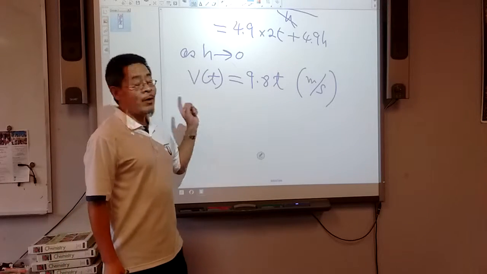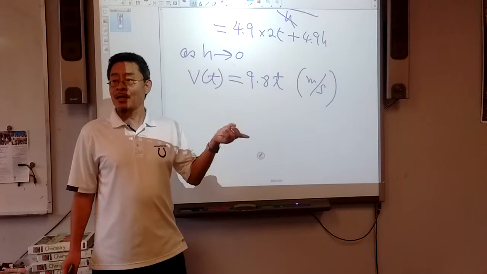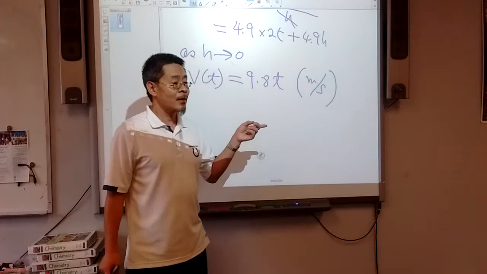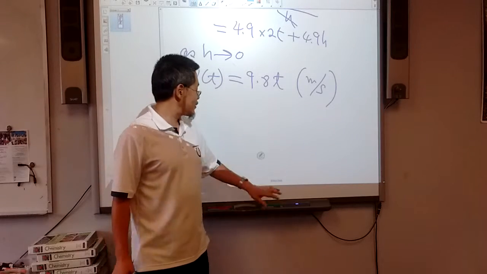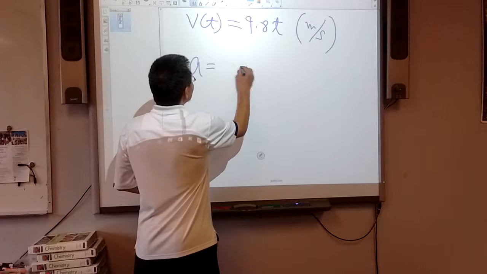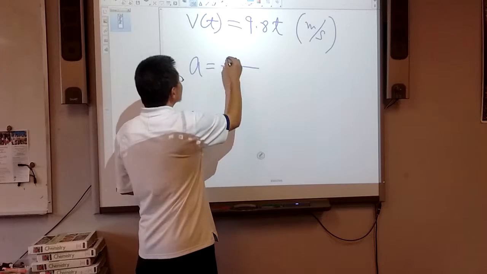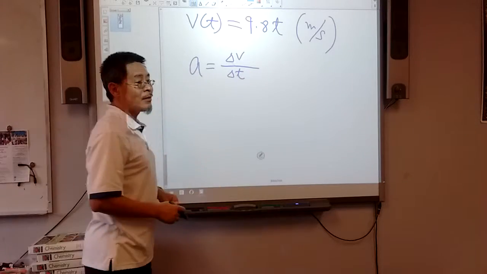Okay, now what is our acceleration? Acceleration is what? Velocity over time. Be more precise. Acceleration is the difference in velocity over the difference in time. Right?